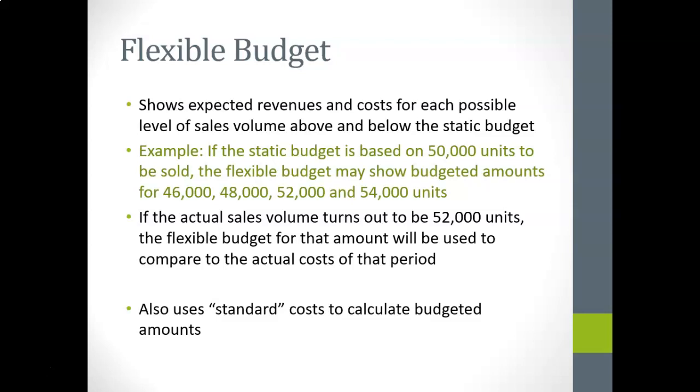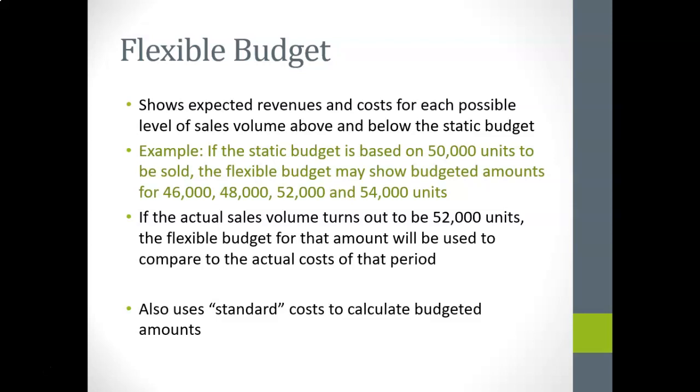Then we make a flexible budget, and the flexible budget is based on the static budget, but may show budgeted amounts. Well, what if we only make 46,000 or 48,000? Or what if we sell more units like 52,000 or 54,000? So each of those flexible budgets will have the direct materials, direct labor, etc., all based on that number of units.